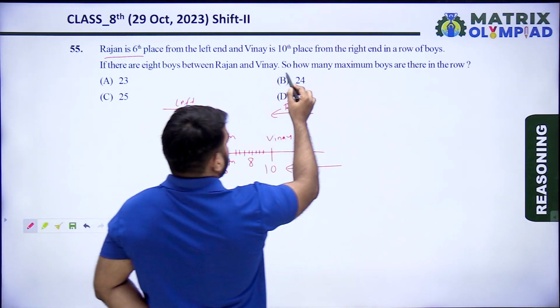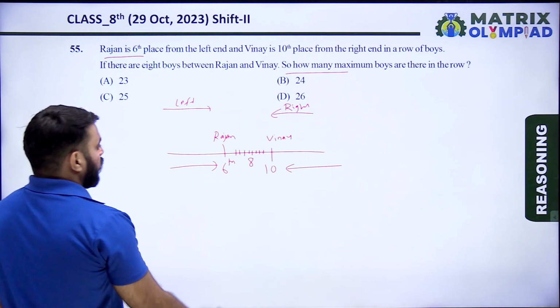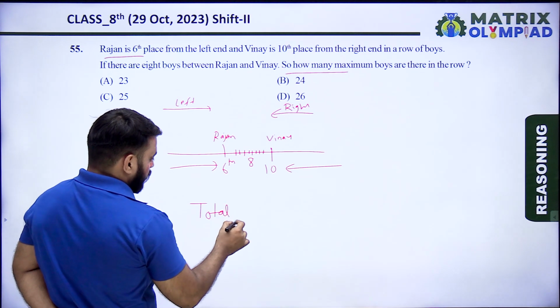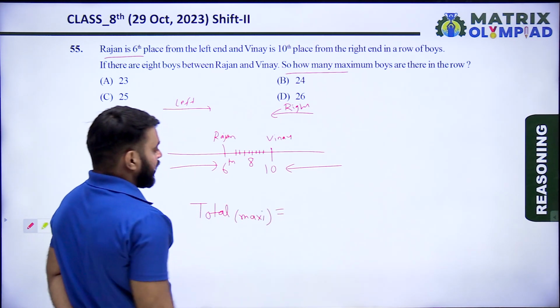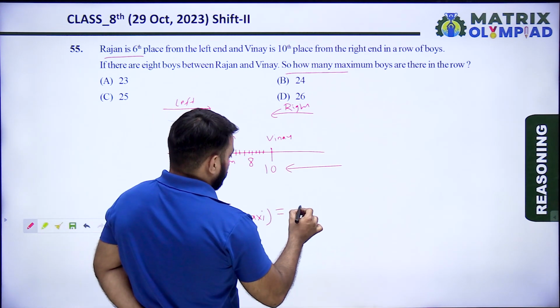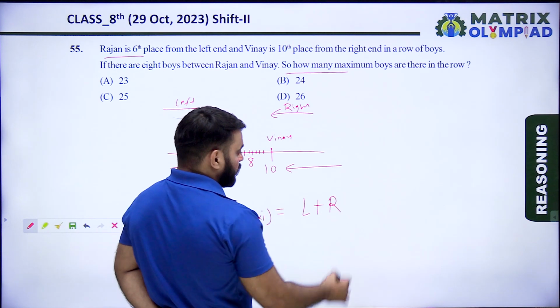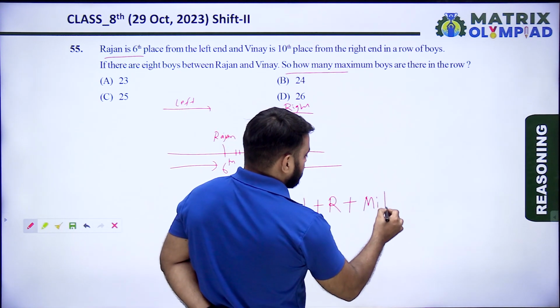So, how many maximum boys are there in the row? So find the total maximum boys in this row. So formula is left position of the first person plus right position of the second person plus number of mid persons.